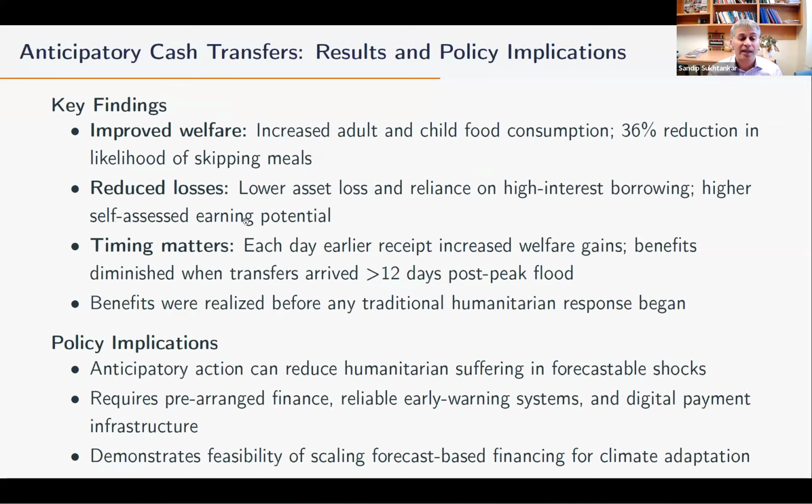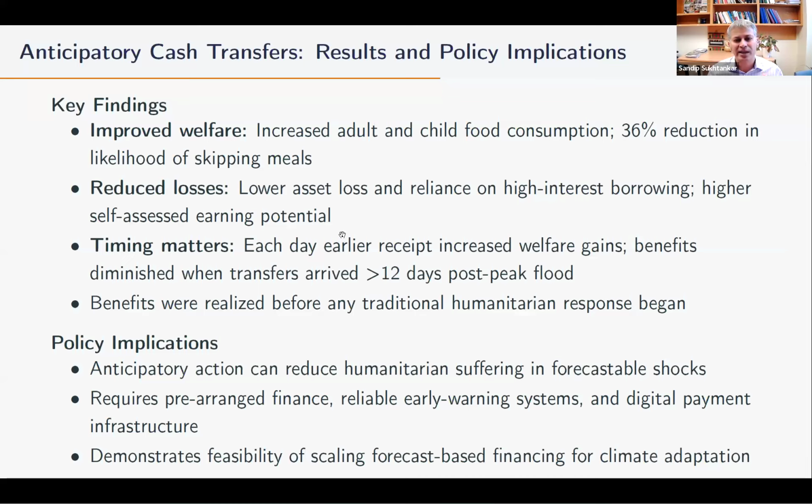Okay. And they found that these anticipatory transfers really had a big impact. They improved welfare, they increased food consumption, they reduced asset losses, they reduced the need to get emergency loans that are very, very high interest.